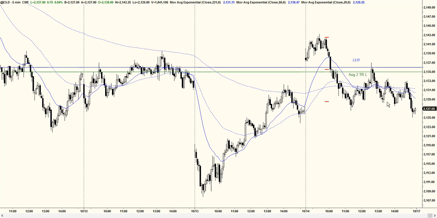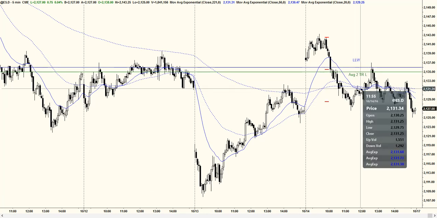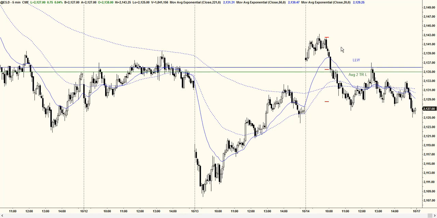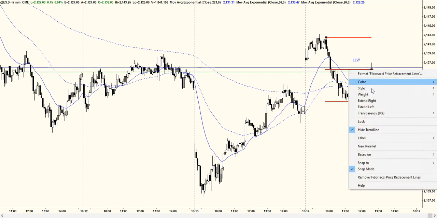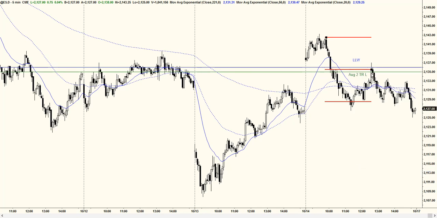So that means it'll entice the bears to use a wide stop up here and sell. So maybe bears sell here, stop up here, and then they sell a 50% pullback of maybe this whole move.